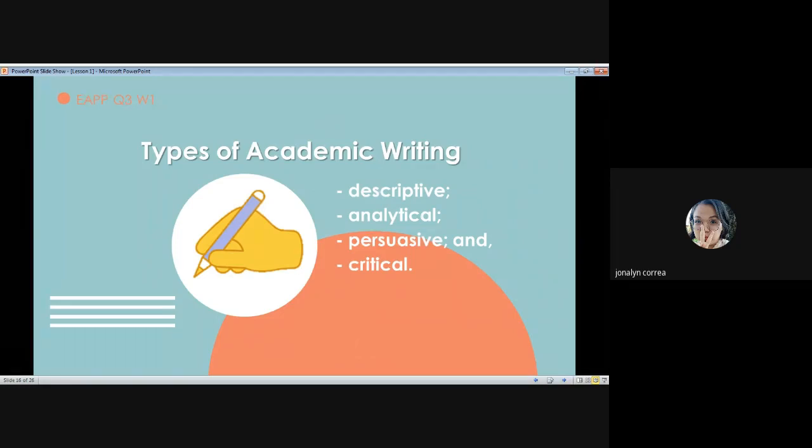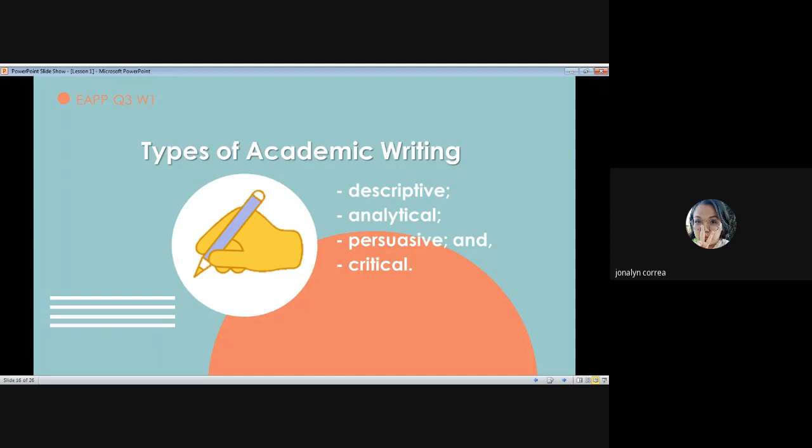In our next modules, you are going to learn how to summarize, and what the techniques are in summarizing text. Then in having that, you will be learning to write the descriptive type of writing.